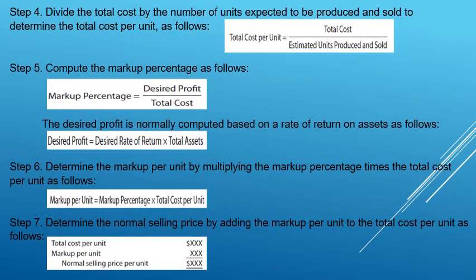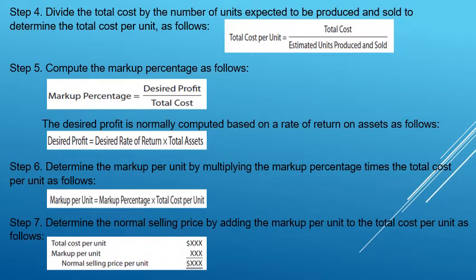Step 4 is to divide the total cost by the number of units expected to be produced and sold to determine the total cost per unit. To get it, we divide total cost by the estimated units produced or sold.